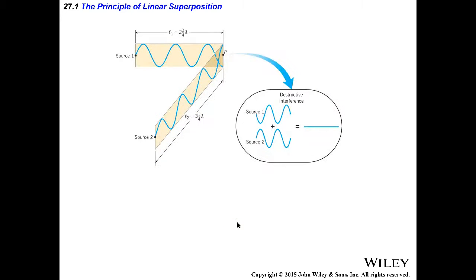Okay, now, what if we are exactly 180 degrees out of phase? What does that mean? That means that when you are up, I'm down. When you're down, I'm up. We are 180 degrees out of phase.